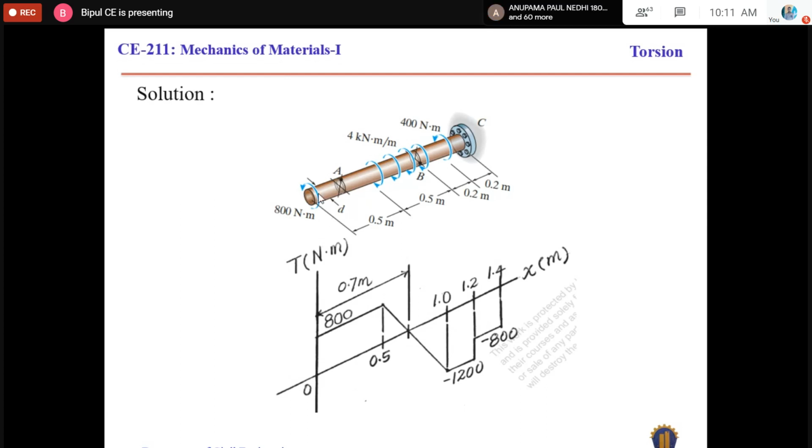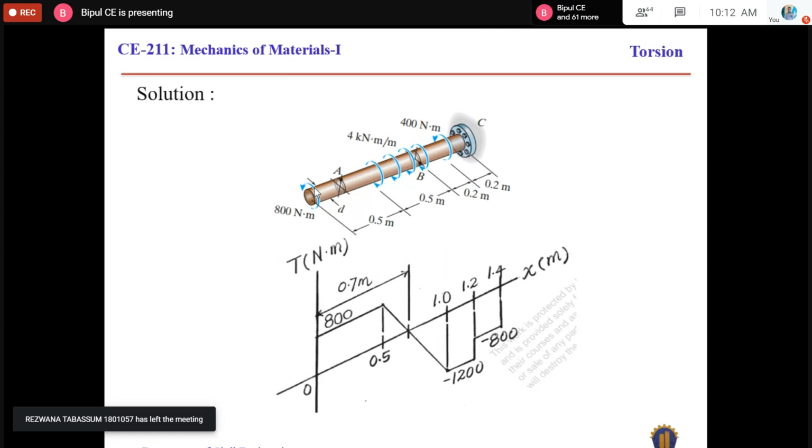Okay, and if you go from this point to that point, there is no additional torque. So if you take a section anywhere between this length, then the developed torsion will be similar to this one.